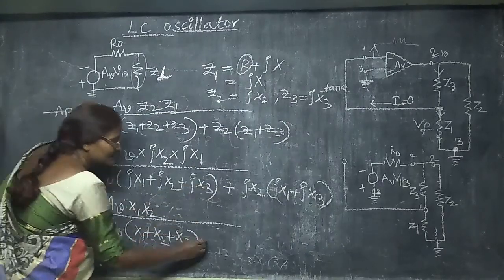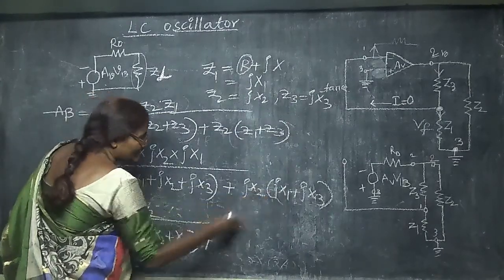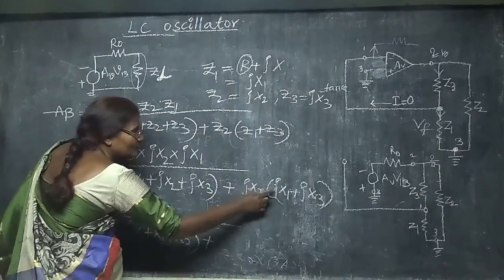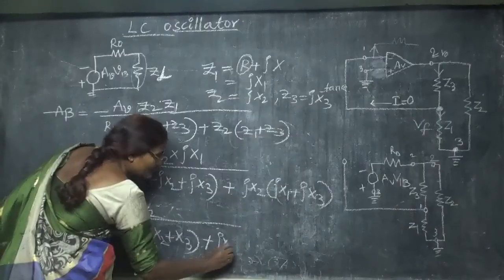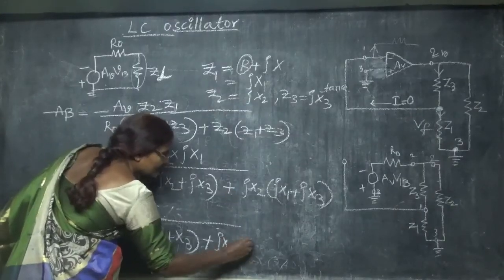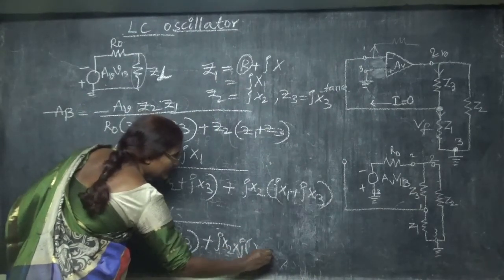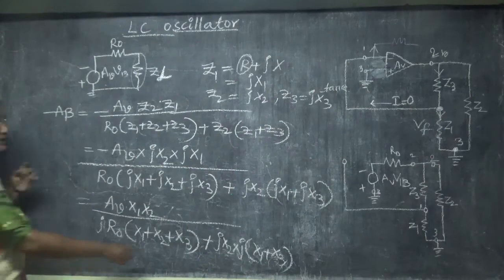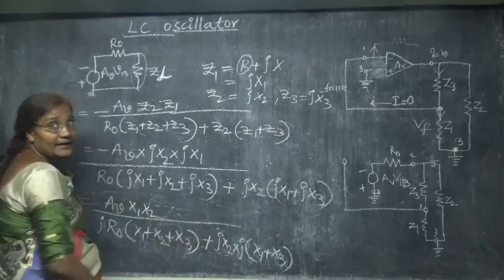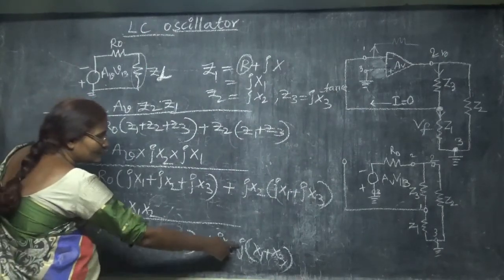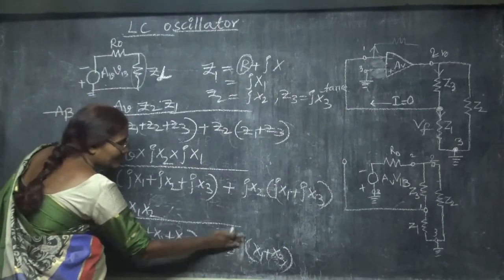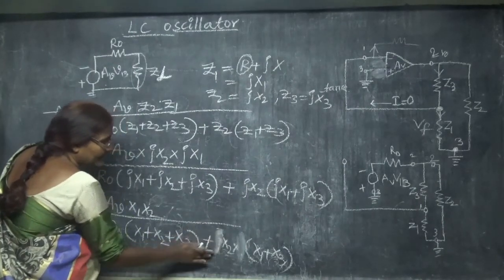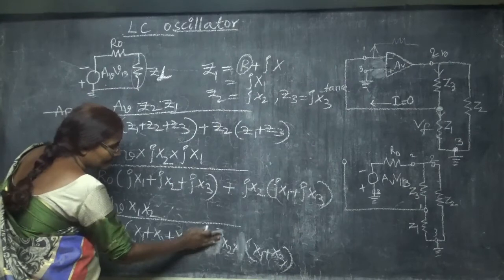Next, plus if I take J as common, J into Jx2 into J, I will get x1 plus x3. So what is J into J? J square. So J square is equal to minus 1. So I can remove this and put minus here.